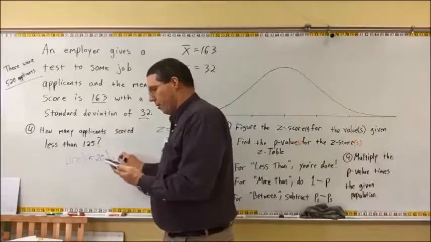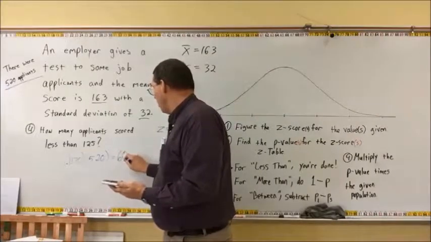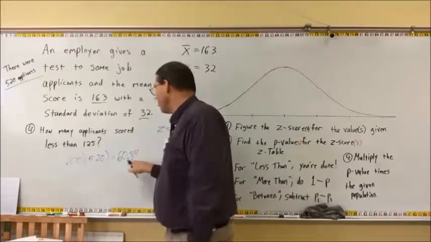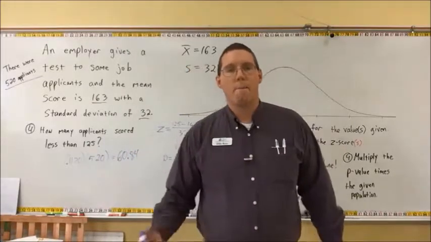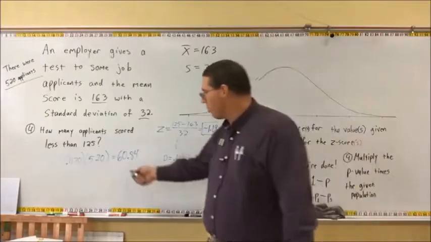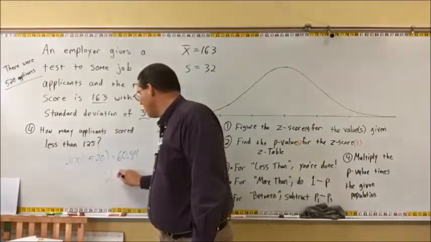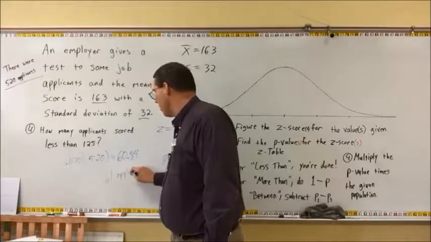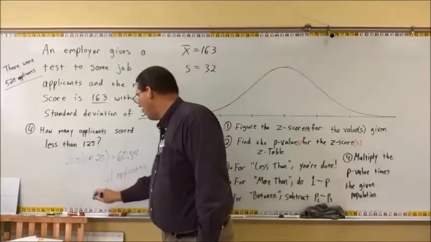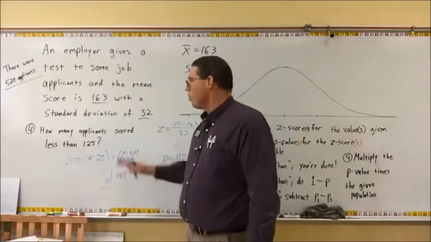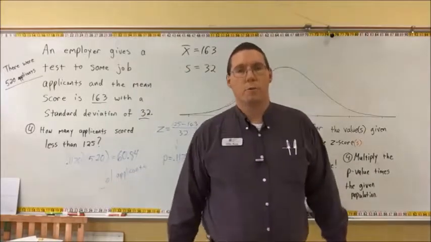This is equal to 60.84, but there's no such thing as 0.84 people. We have to round this to the nearest whole number, which is 61. So what we would say is about 61 applicants scored less than 125.